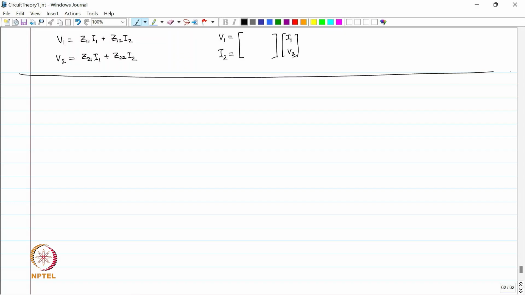Now, we are going to play with these 2 port parameters a little bit, and our first play is going to be as follows.